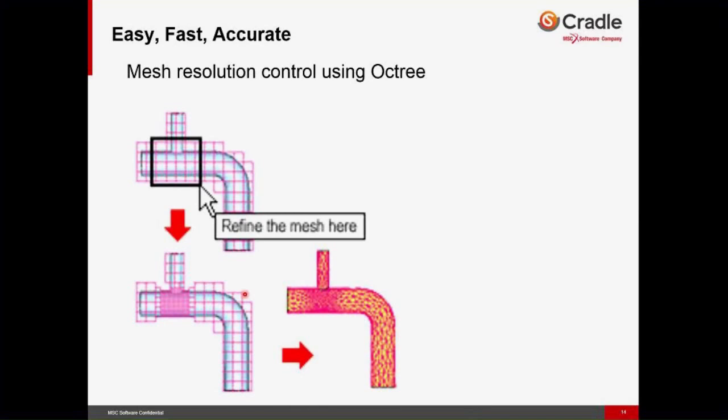That is why we came to utilize this octant system, which allows you to refine the mesh only where it is necessary. That is why SCTetra can enable you to accurately and efficiently simulate your problem within limited resources. So accuracy and efficiency.